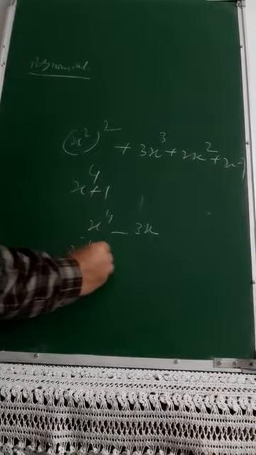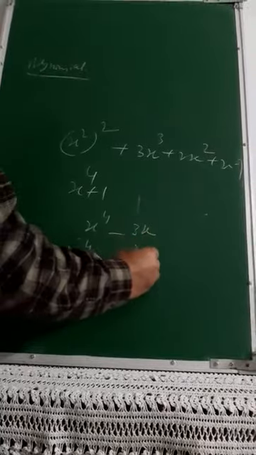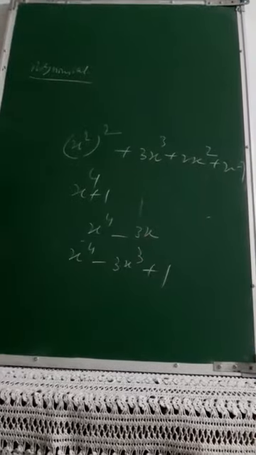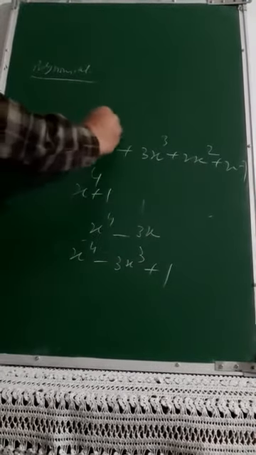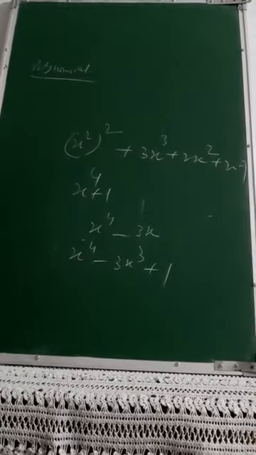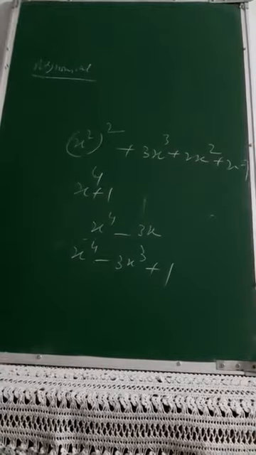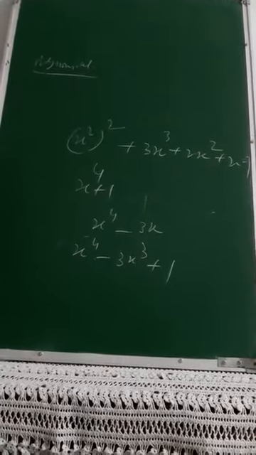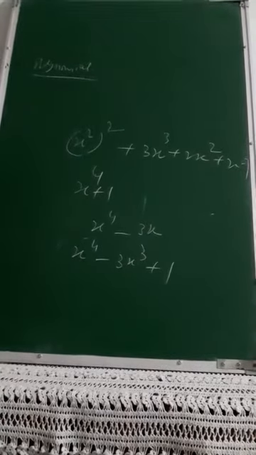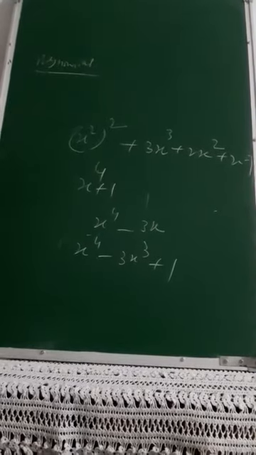If you have written x raised to power 4 minus 3x cube plus 1, again that is a biquadratic polynomial. Concern is with the power. Power should be 4 here. So where the power, that means degree of the polynomial, is equal to 4, those all polynomials are put under the category of your biquadratic polynomials. So that is all about your question number 2.